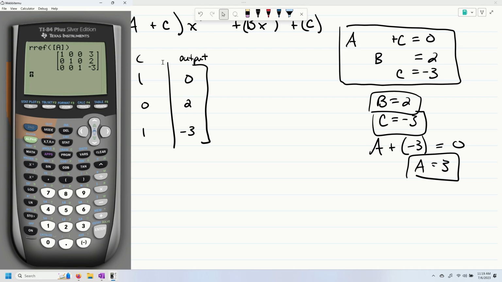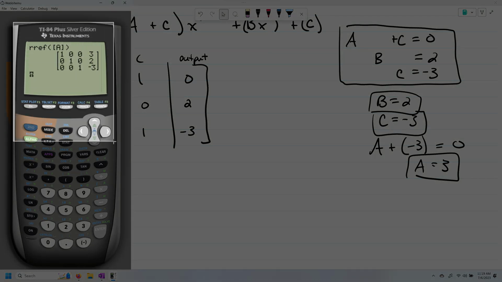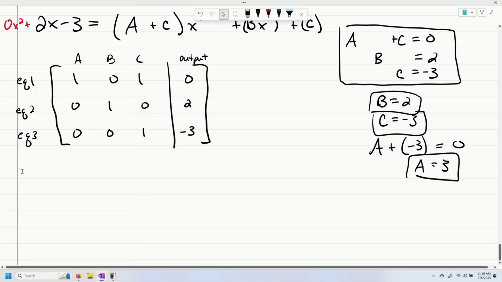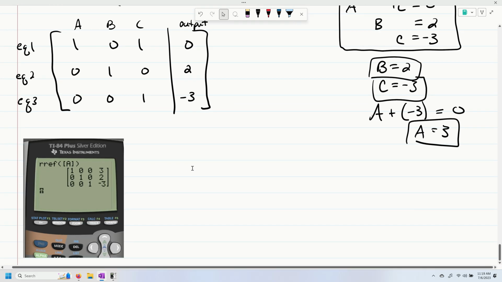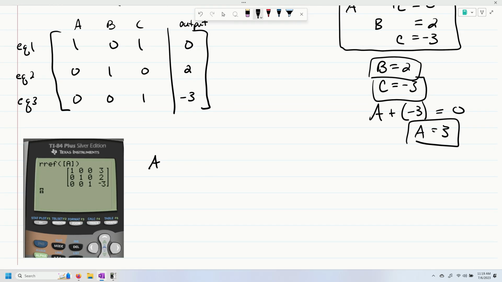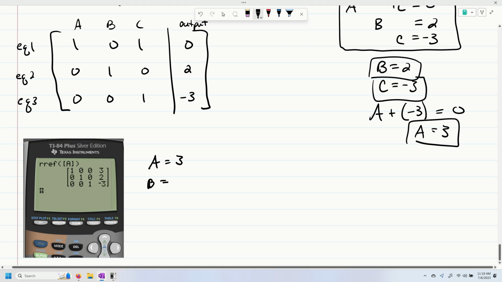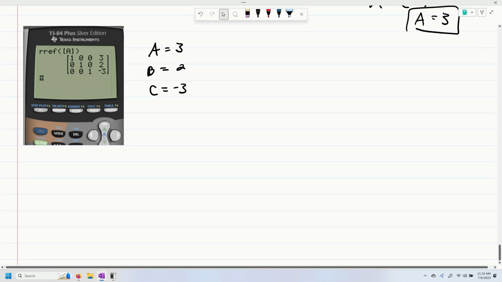I'm just going to go ahead and copy and paste this into our notes. There we go. So here we could see, like I said, A equals 3, B equals 2, C equals negative 3, which means our integral now is going to look like this.